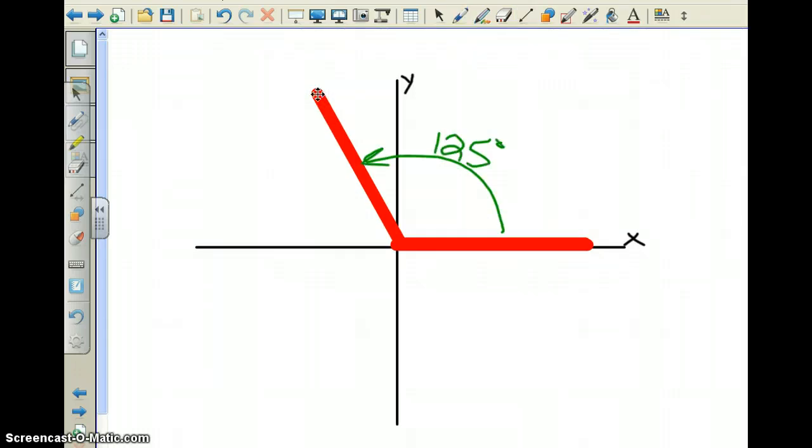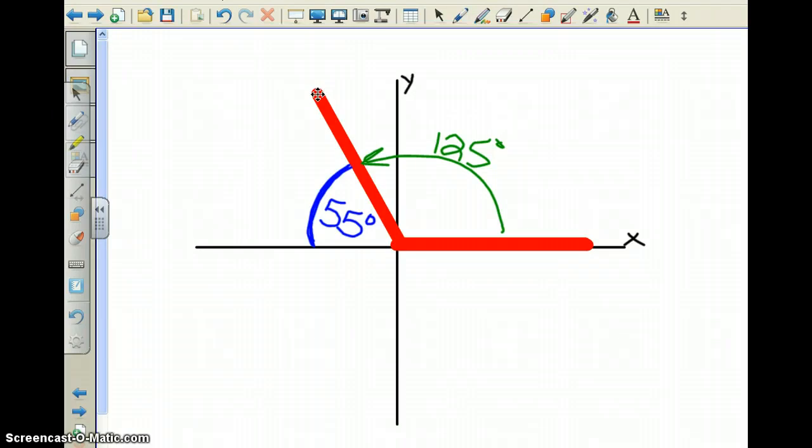So our reference angle, between where that angle ended and the x-axis over here, is going to be how many degrees short of 180? Well, 180 take away 125 is 55 degrees, so this reference angle in here has to be 55 degrees.